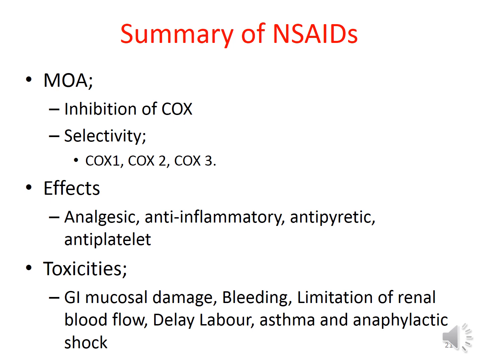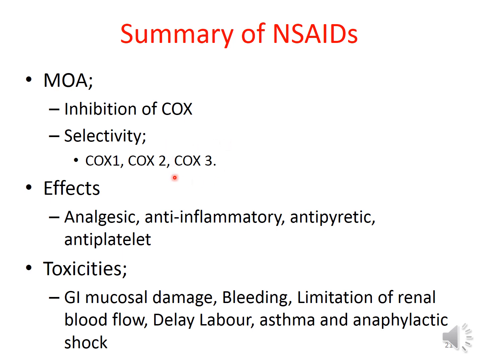So to summarize, we have discussed NSAIDs in general. The main mechanism of NSAIDs is the inhibition of the cyclooxygenase enzyme, and their anti-inflammatory and antipyretic effects depend on the selective inhibition of COX-1, COX-3 or COX-2. COX-2 has more anti-inflammatory actions.